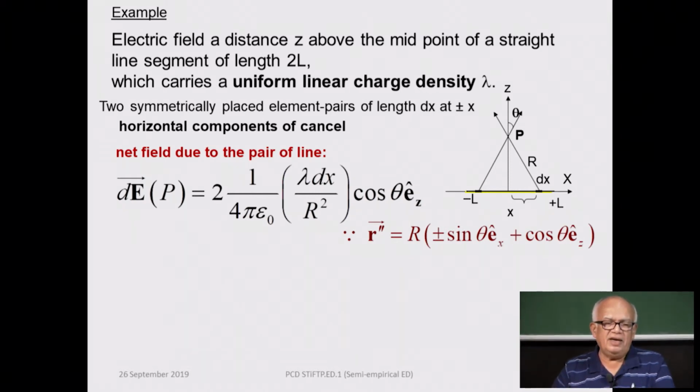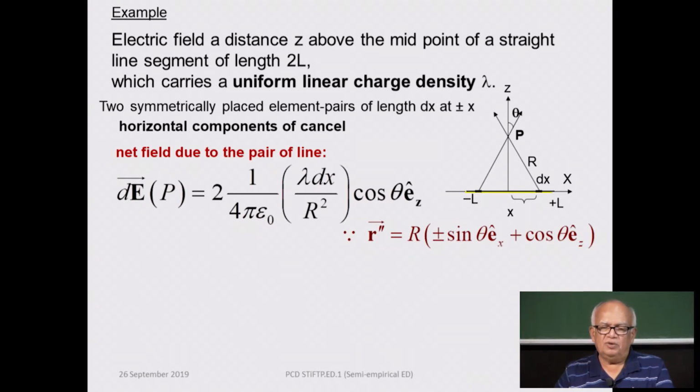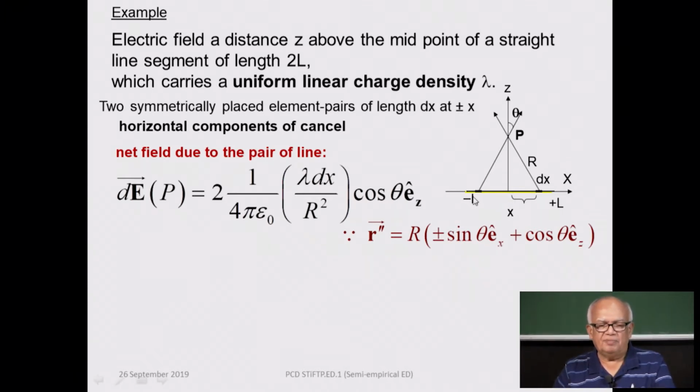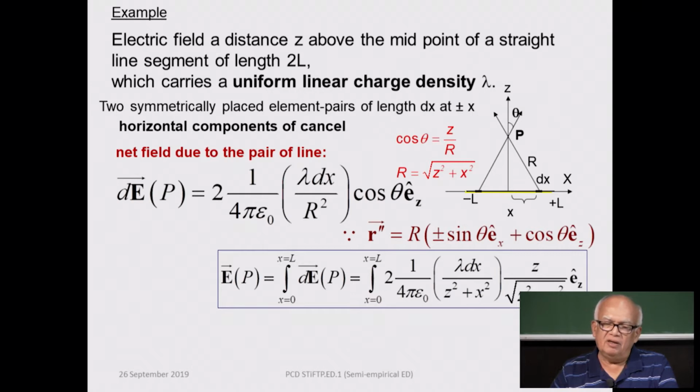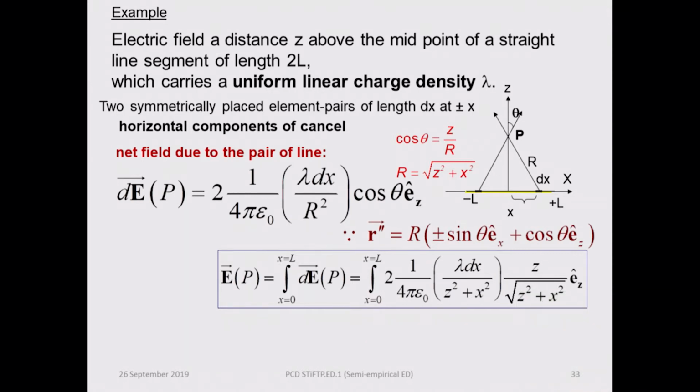And the net field due to the pair of lines. So, you take two symmetric points, okay, here and here, and then simply integrate over the region. So, the rest of it is straightforward geometry and a simple one-dimensional integral.